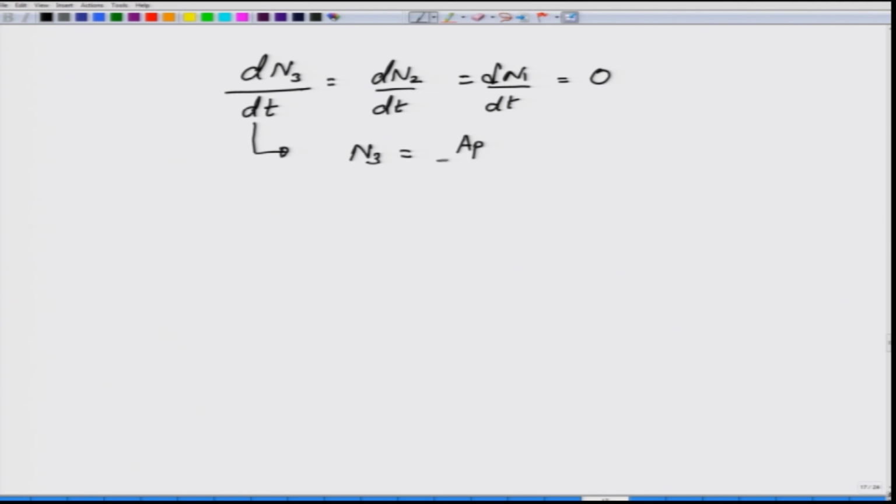So, you will have AP divided by AP plus 1 by tau 3 times n1. Okay. So, this is a simple exercise. Again, you just have to set dn3 by dt equal to 0, and once you have done that, you can get a relationship between n3 and n1.